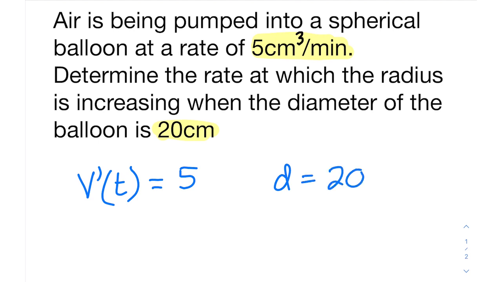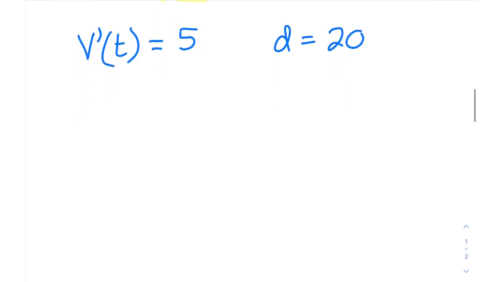So now let's figure out, what are we supposed to do? What equation are we going to use? How are we going to actually solve this? If we have a v prime, meaning we have a derivative, then volume is going to be an equation that we would have to use. So let's figure out what our volume equation is for our spherical balloon.